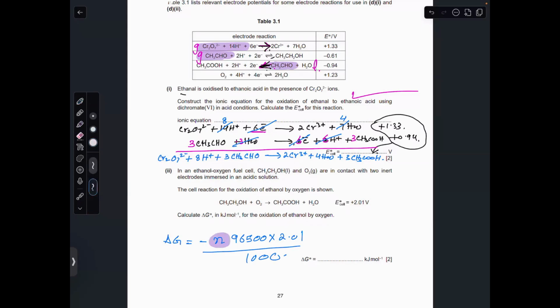If I look at this, what actually is occurring in this? It's ethanol turning into what? Ethanoic acid, see? By oxygen. You know what is happening? The oxygen is gaining electrons.